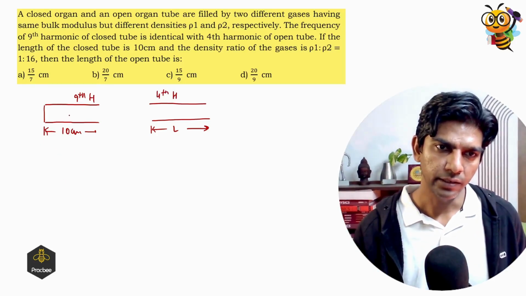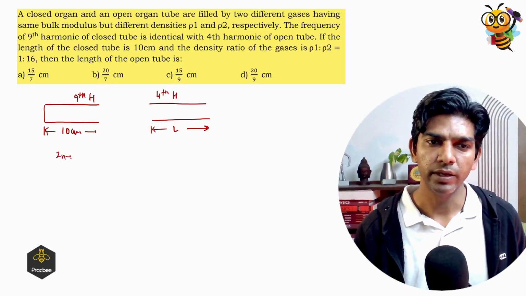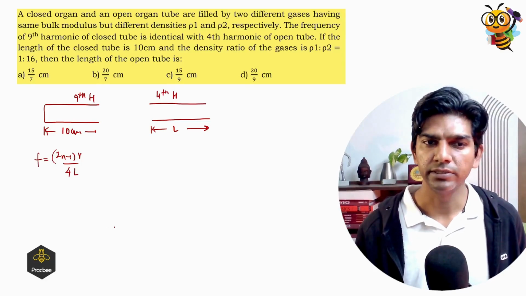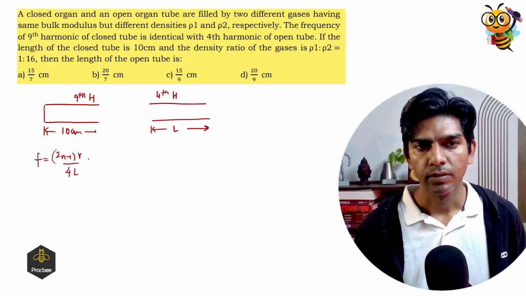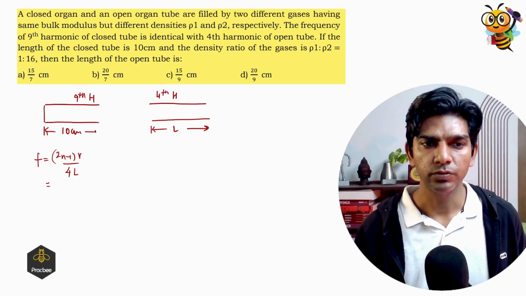So we know that in case of a closed organ pipe, the resonating frequency is given as (2n minus 1) V by 4L. So it is the ninth harmonic. The fundamental frequency is V by 4L, so the ninth harmonic will be 9V by 4L.